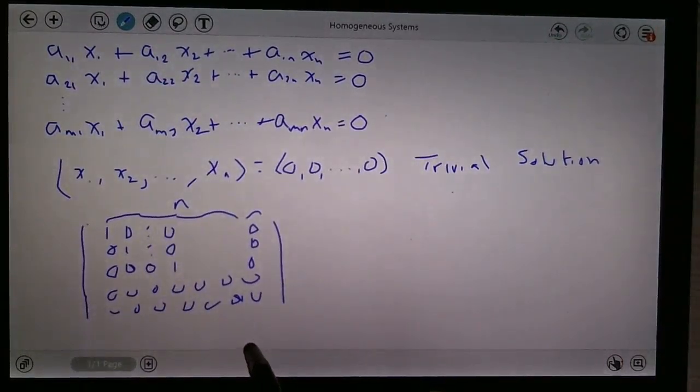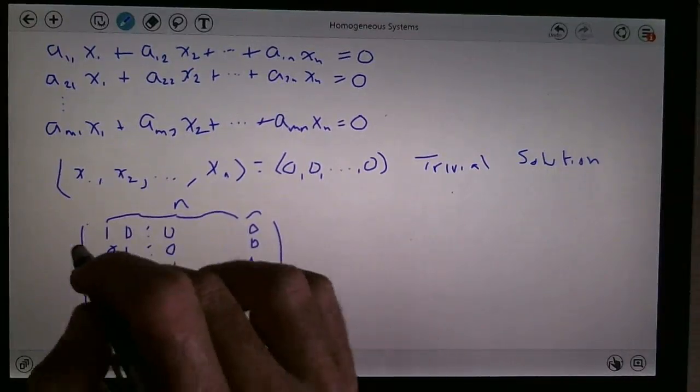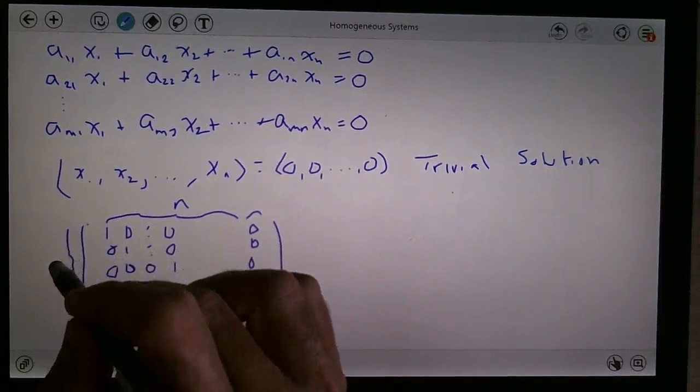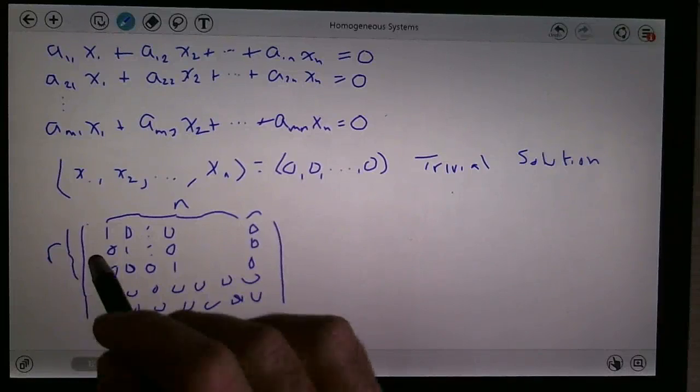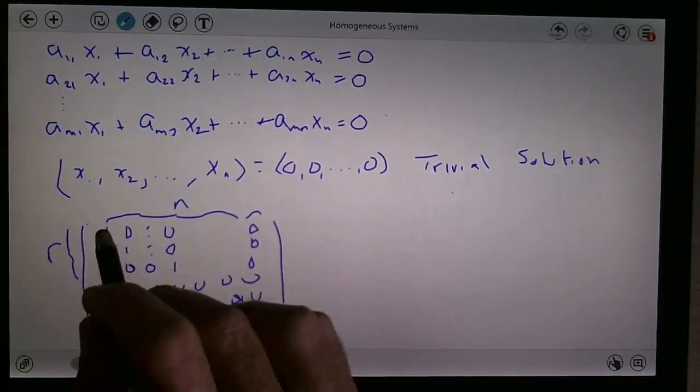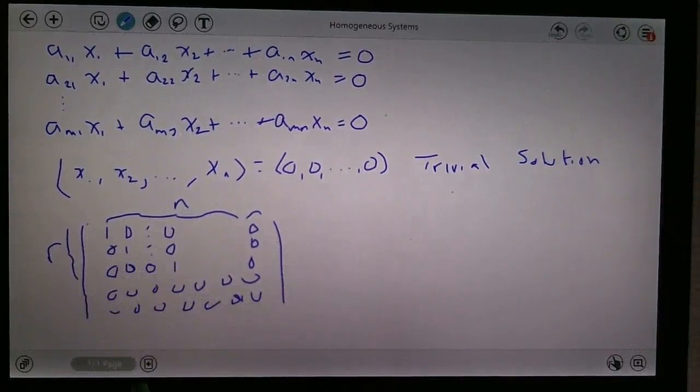So they tell me that if the reduced row echelon form of its augmented matrix has r non-zero rows, so this many right here, from here to here, is r. Well, if there are r non-zero rows, it means there are r leading ones.